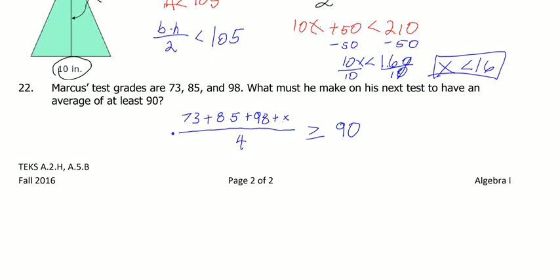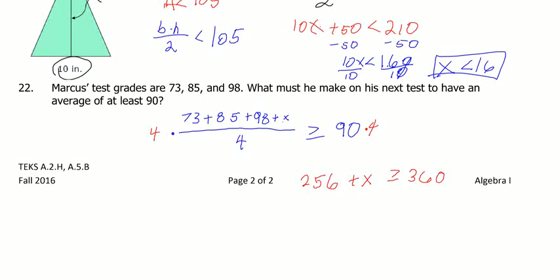So now we need to multiply both sides by 4 in order to get to the top part. And that's going to leave us with 73, 85, and 98. That winds up being 256 plus x needs to be greater than or equal to 360.